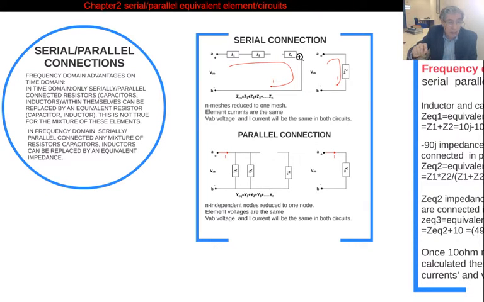We are saying impedances here because the coefficients that we have seen in frequency domain might be complex numbers. When they are complex numbers, we give a special name for these parameters and we call it impedance. So here we've got impedances, they are connected in serial.